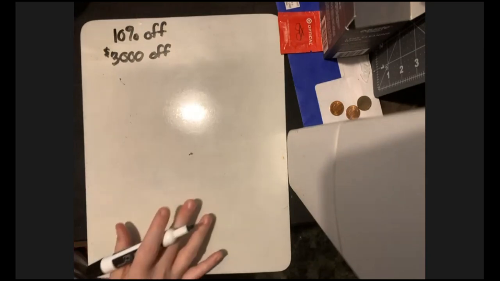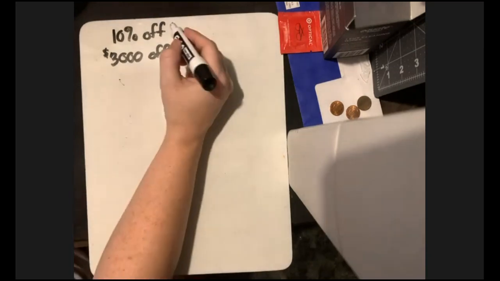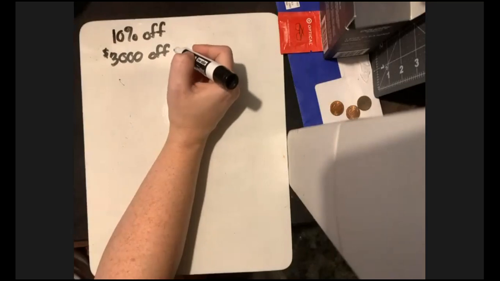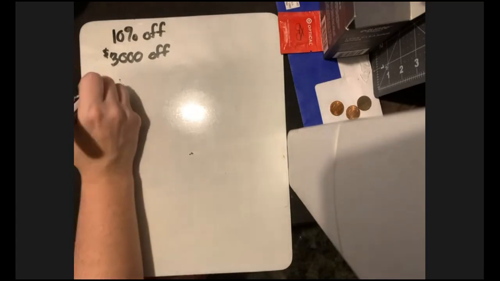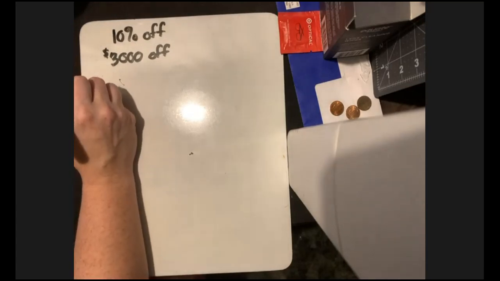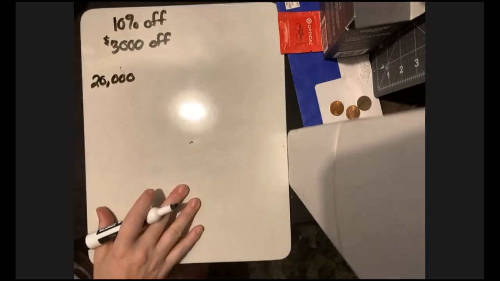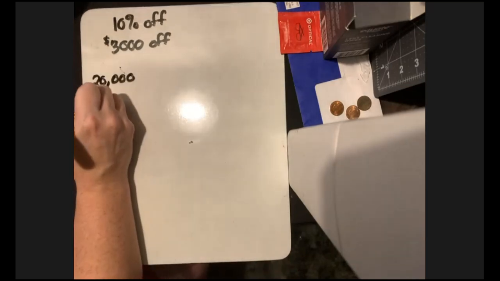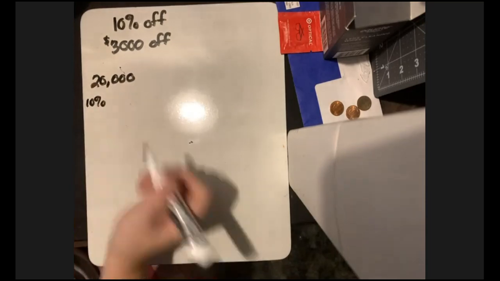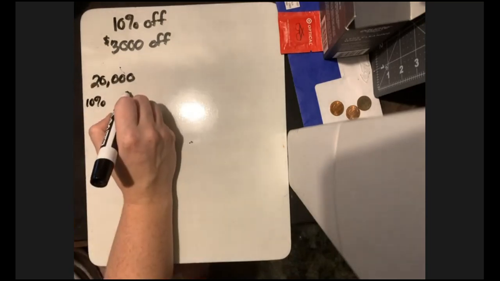Now, the question becomes, does it matter which order I do the discounts in? Okay, so let's take a look. I'm going to pick a nice, pretty number. We're going to talk about a $20,000 vehicle. If I do the 10% off first, that is going to be $2,000.